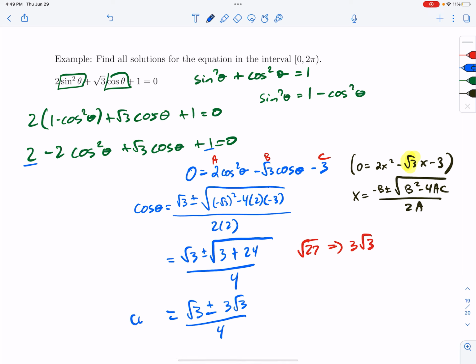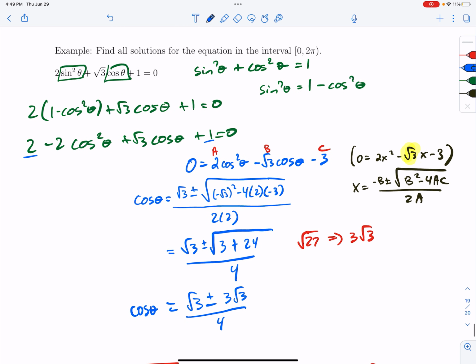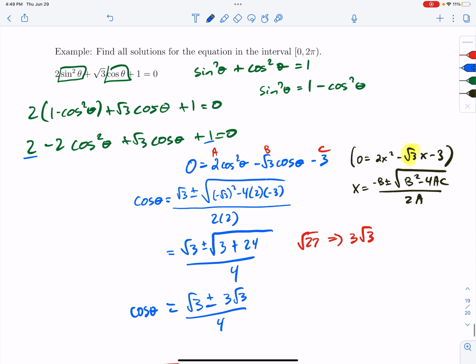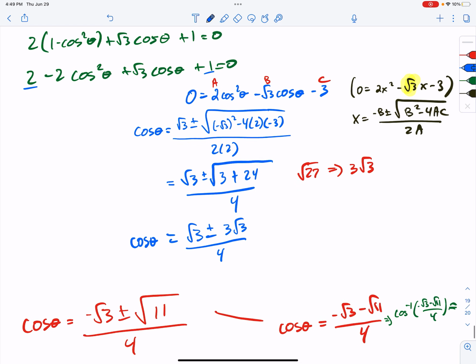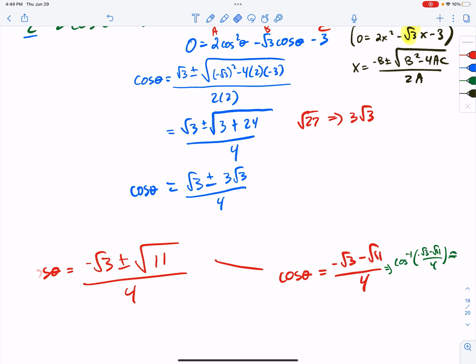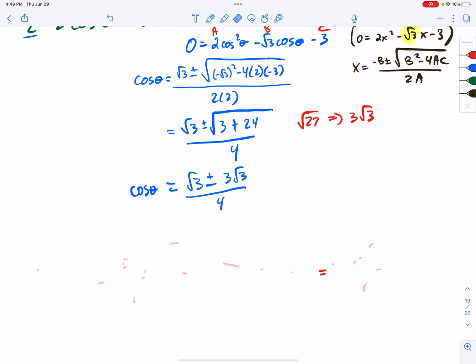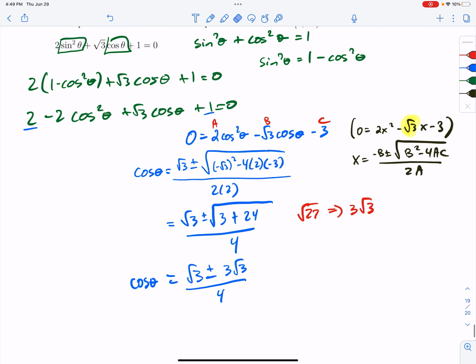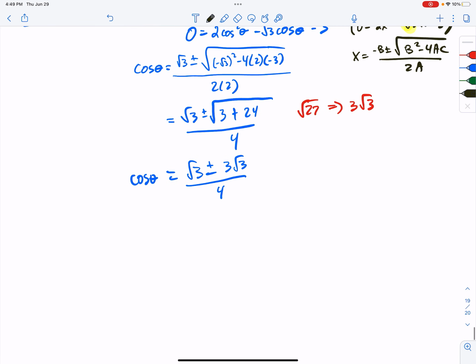Okay, so that is what cosine of theta is equal to. Now, let's see. Because I have a positive and a negative, I need to do a little erasing down here. I had some scratch work from before. Okay, so we have 2 solutions, right? Because one branch is positive and one branch is negative.